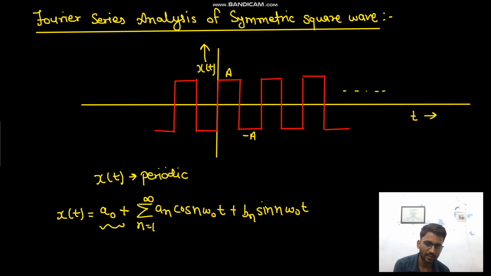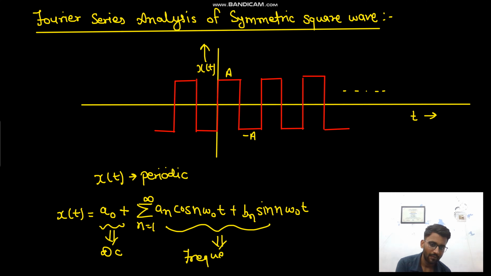So this is the DC and these are the frequency content. So it will have omega naught, 2 omega naught, 3 omega naught, 5 omega naught, depending on the value of n.